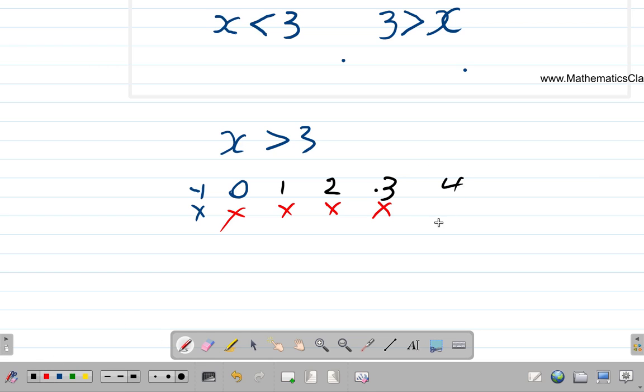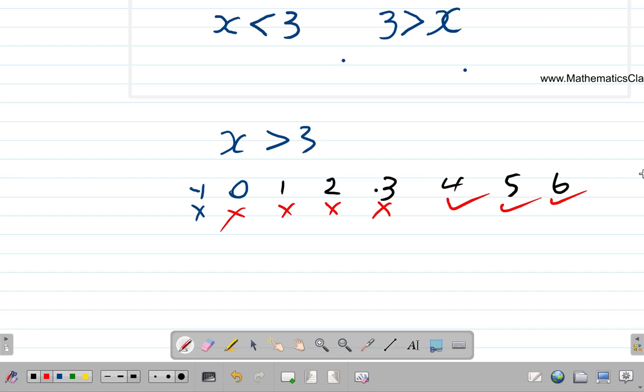When you come to 4, you say, yeah. 5, oh yes, that is one of the values of x. 6, yes, that is one of the values of x.